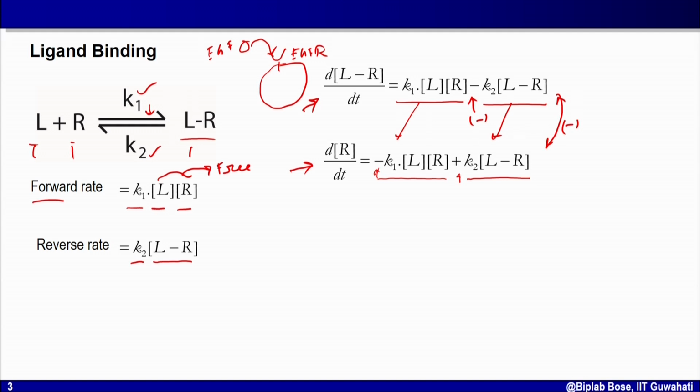As the stoichiometry of this reaction I have shown here is 1:1, one ligand binding to one receptor, the ODE for the ligand will be exactly the same as that of the receptor.